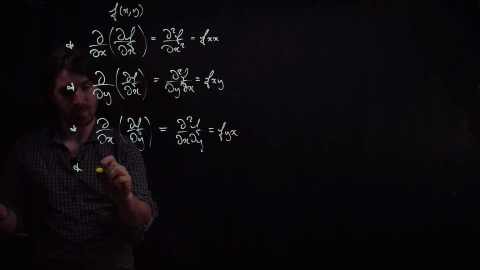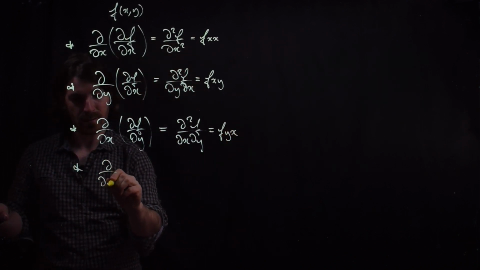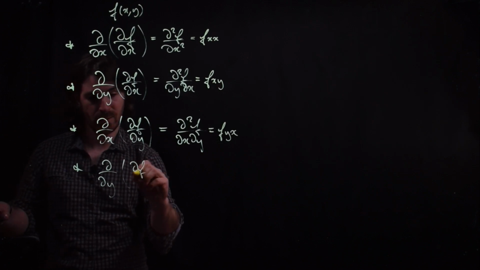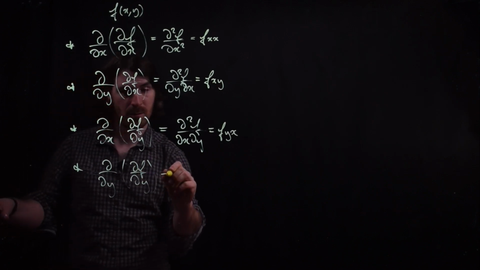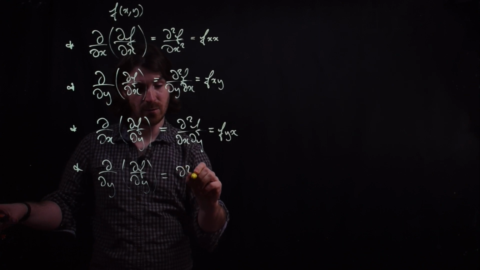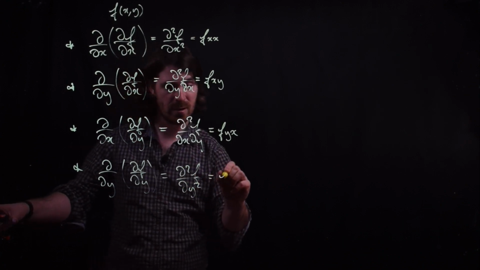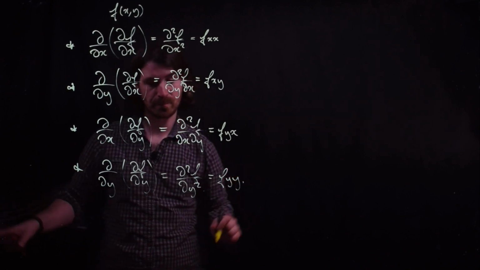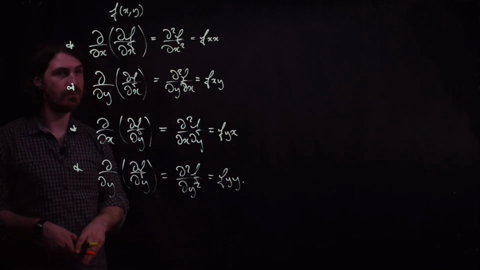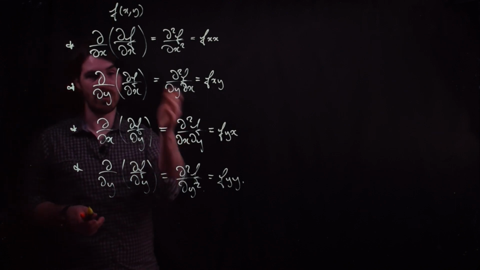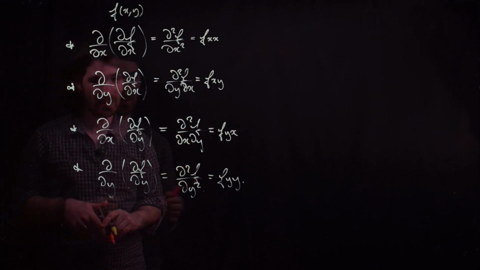Last, we have d by dy of df by dy, which is d2f by dy squared, or just fyy. So it's straightforward: you just do the same thing more than one time.